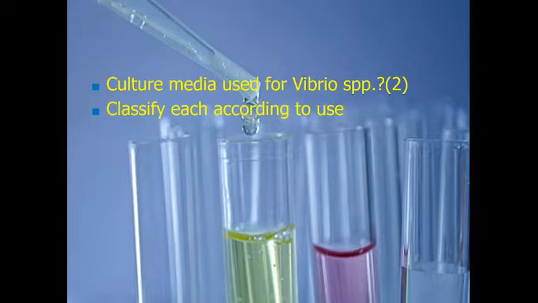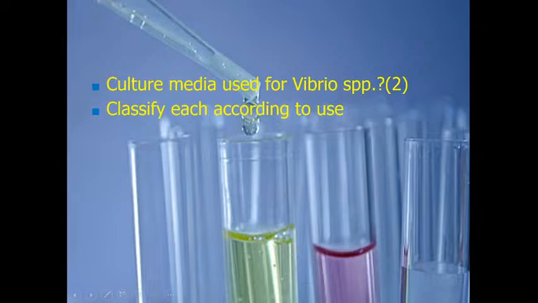If your sample is stool, you may be able to use these. What's the difference between the two? Alkaline peptone water is a broth media because its consistency is liquid, whilst TCBS is agar based or solid based.